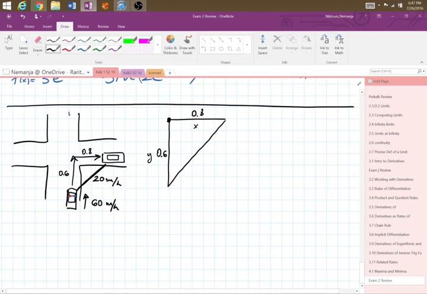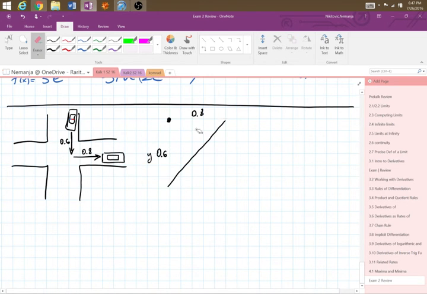The cop car is here. There we go. Now we're going to get rid of all of this stuff and draw 0.6. That means I have to redraw all of this as well. 0.6, and then there's the distance changing at 20 miles per hour, and the cop car is going down at 60 miles per hour. The cop car is going down 0.6.